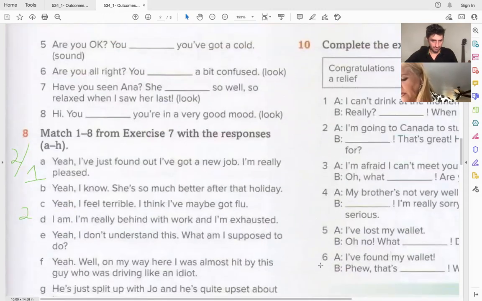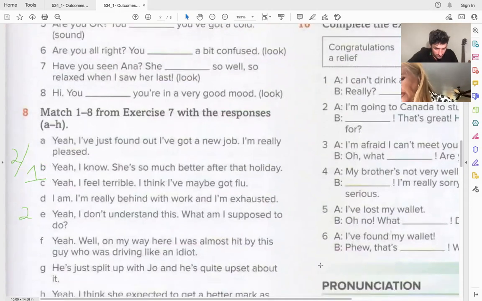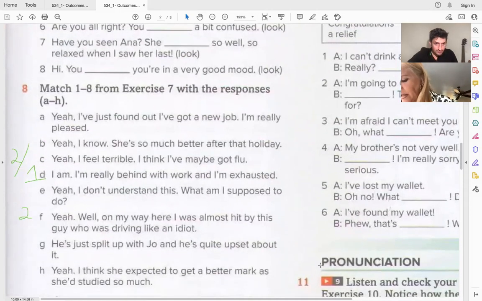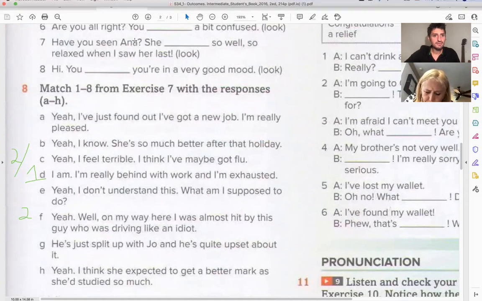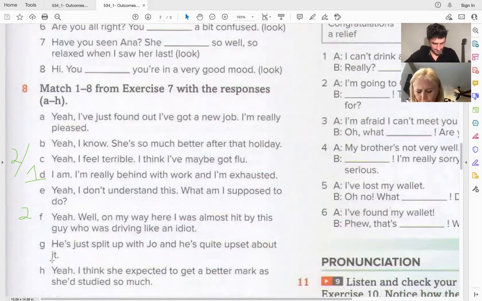Yeah, I think she expected to get a better mark as she studied so much. Is Mike all right? He seems a bit down.